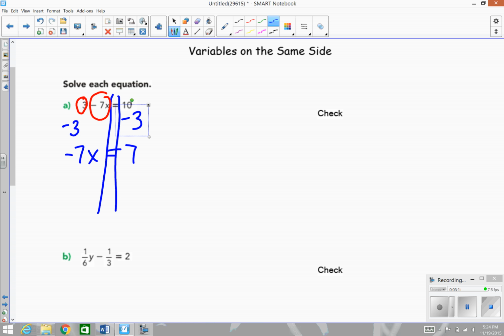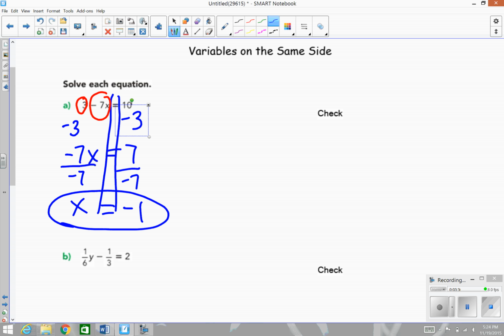Now we have it down to a one-step equation. So these are the ones we practiced the other day. This is negative 7 times x, and the opposite of multiplying by negative 7 is to divide by negative 7. x equals 7 divided by 7 is 1, and a positive divided by negative is a negative. So x equals negative 1.